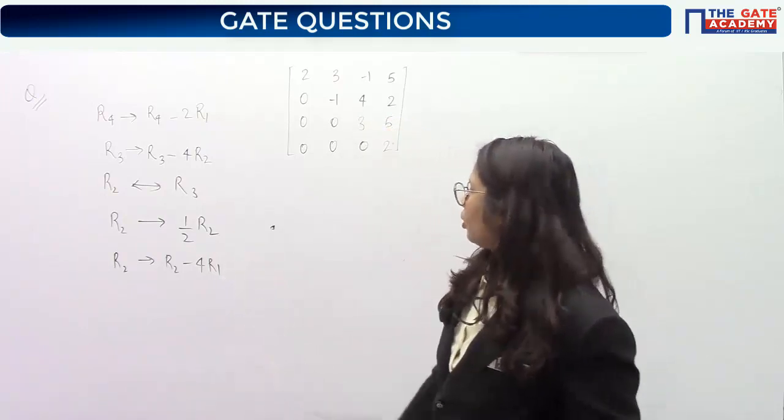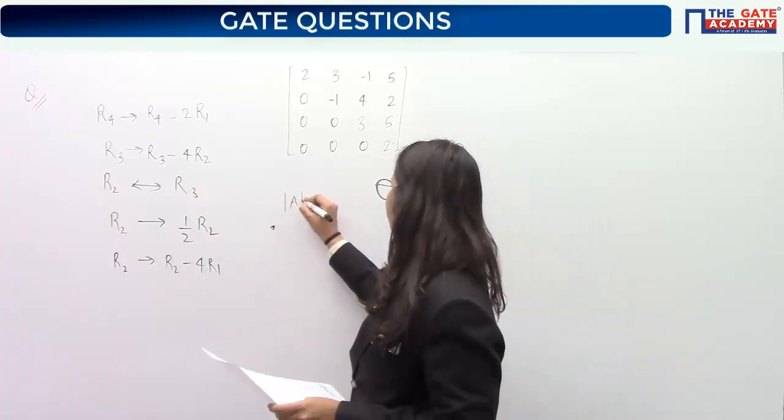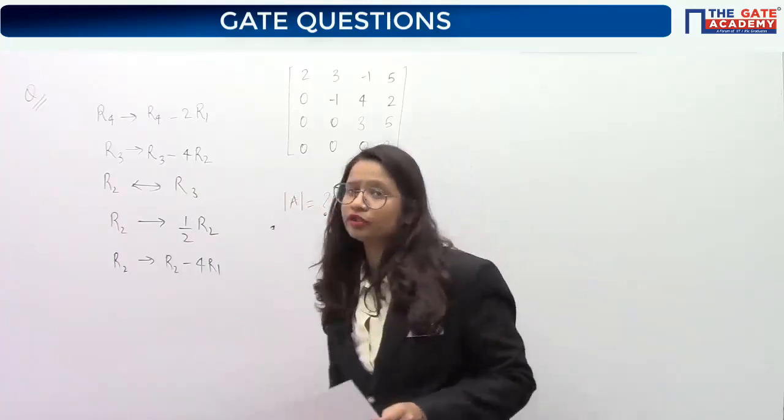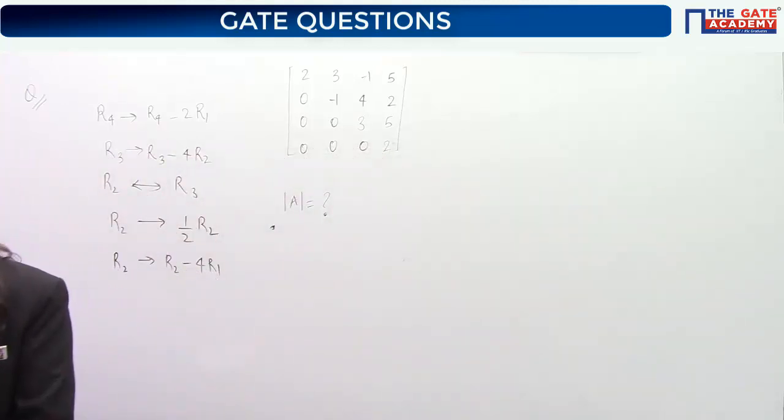After applying all these operations, the matrix transforms into this matrix. Then you had to find the determinant of the initial matrix.